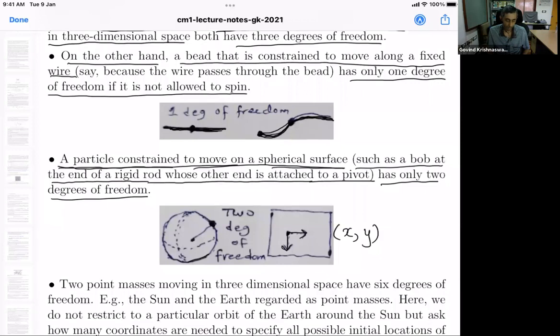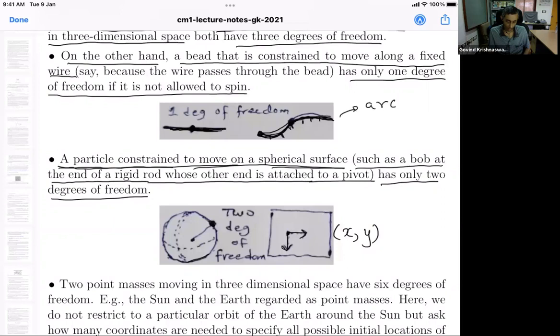So this is 1 centimeter, 2 centimeter, 3 centimeter, 4 centimeters, 4.5 centimeters, and so on. Now to locate the bead, to specify where it is, all one needs to say is how far down the wire it is, at what arc length it is located. So it requires only one variable, namely the arc length.